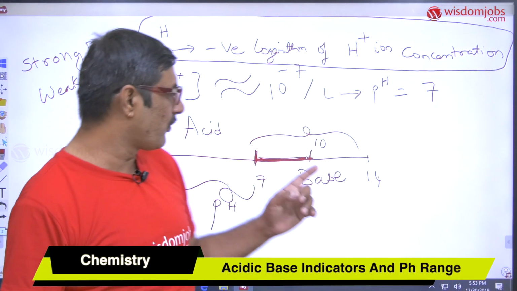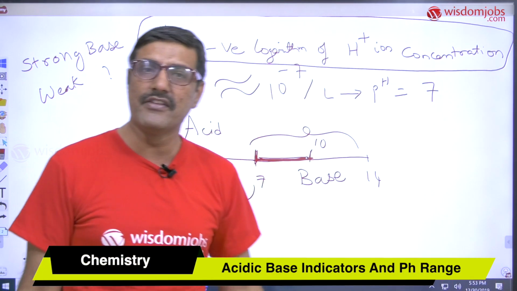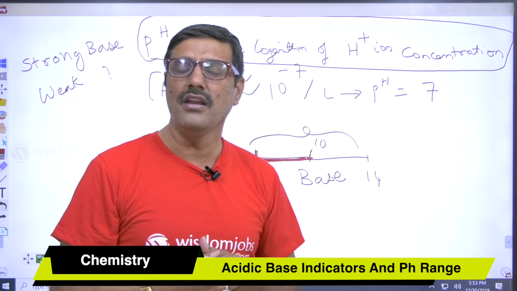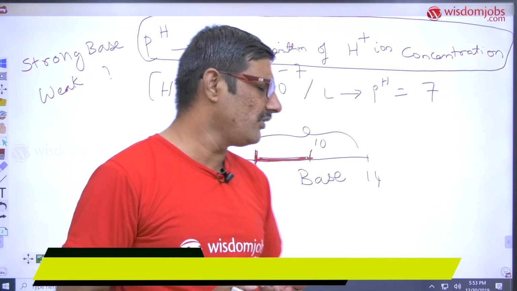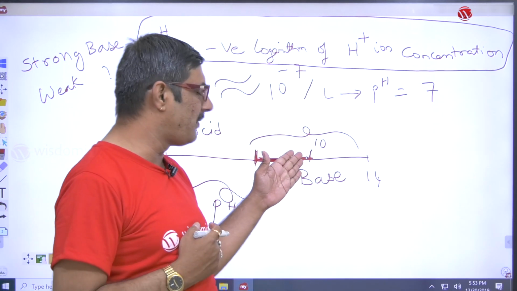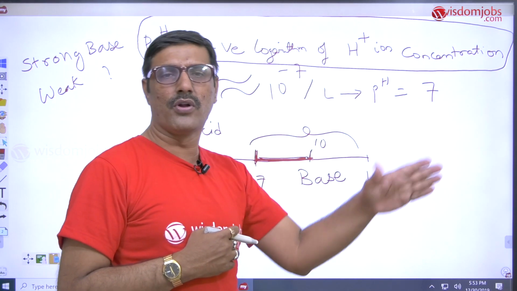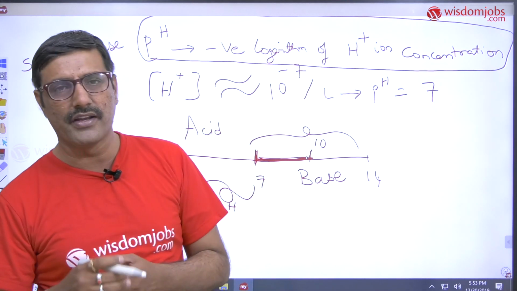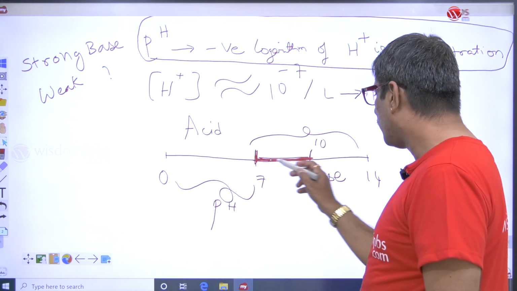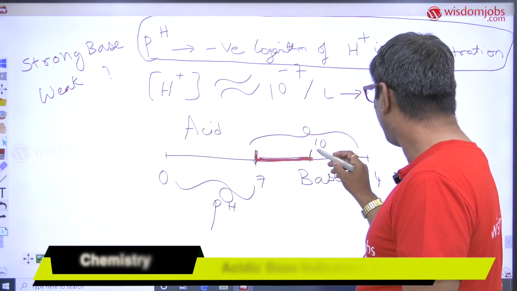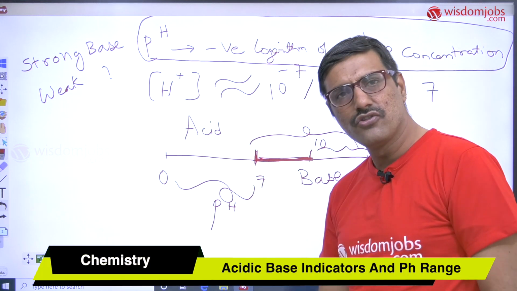As the pH value proceeds towards 14, such a base will be stronger. So, in general, for whichever base the pH value is more than 10, I can call it a strong base. Otherwise, it's a weak base. So 7 to 10 is a weak base, and 10 to 14 can be considered a strong base.